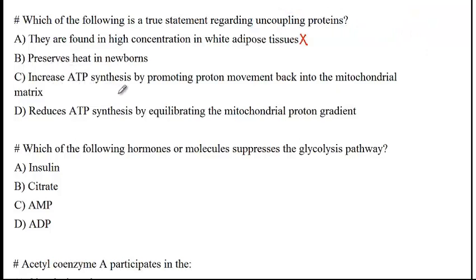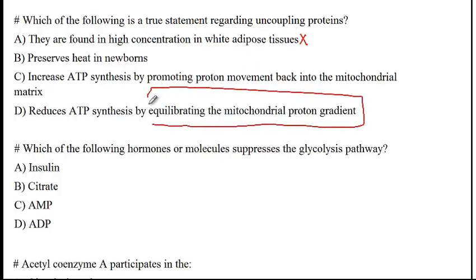It increases ATP synthesis by promoting proton movement back into the mitochondrial matrix. So it's true, it promotes proton movement back into the mitochondrial matrix, but it's not through the ATP synthase. So therefore, ATP synthesis actually decreases because this protein equilibrates the mitochondrial proton gradient.